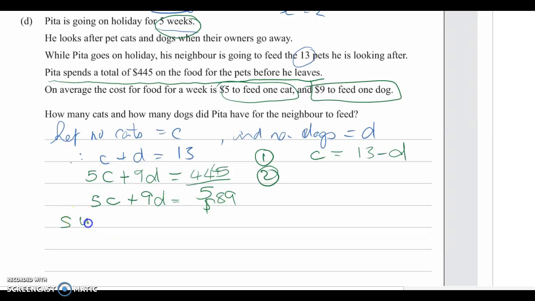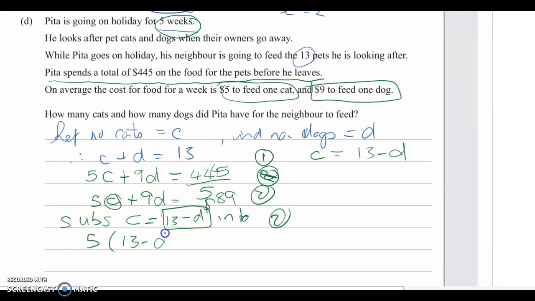So I'm going to substitute C equals 13 minus D into equation 2, which is this one here. So wherever I see a C, I'm going to put this whole thing. So 5 times C, which is 13 minus D, plus 9D equals 89.